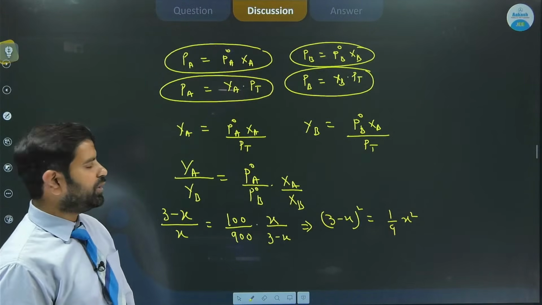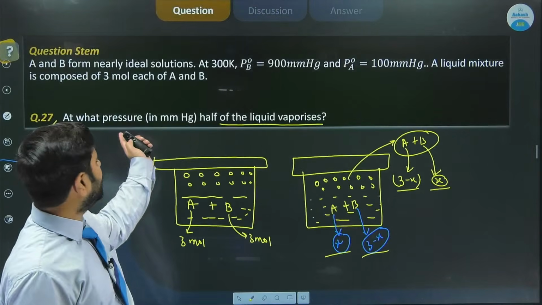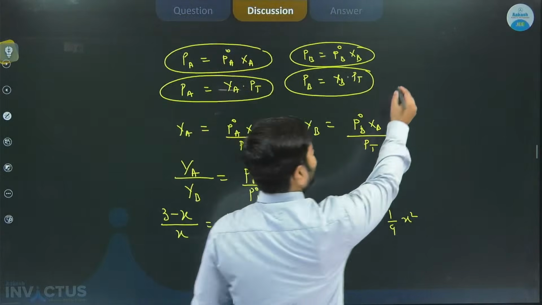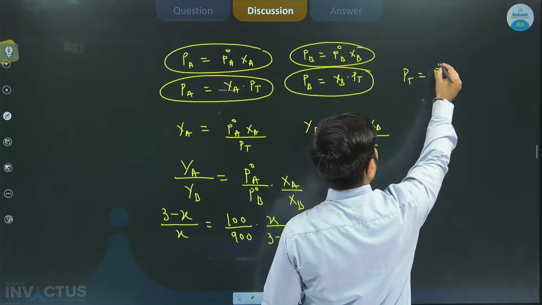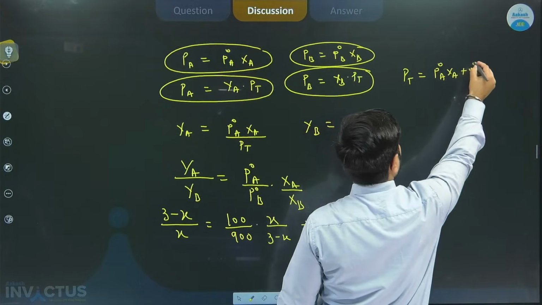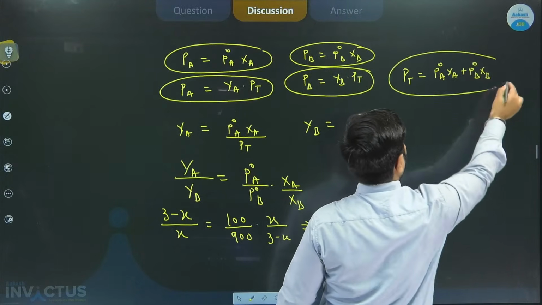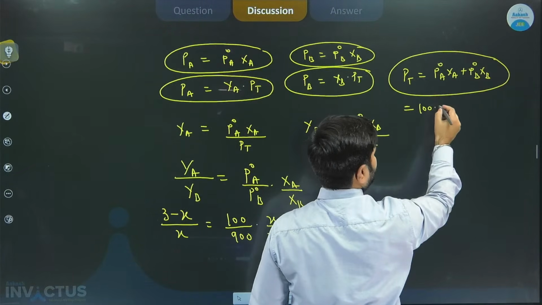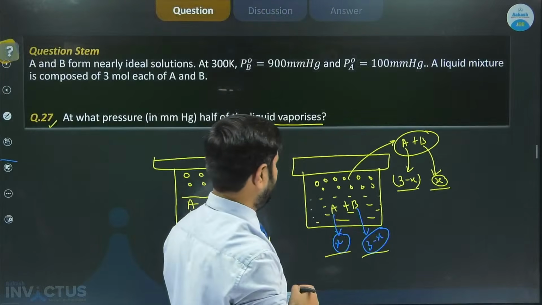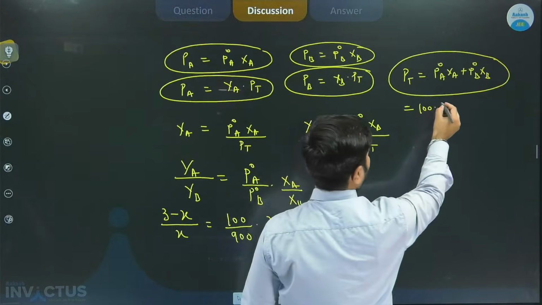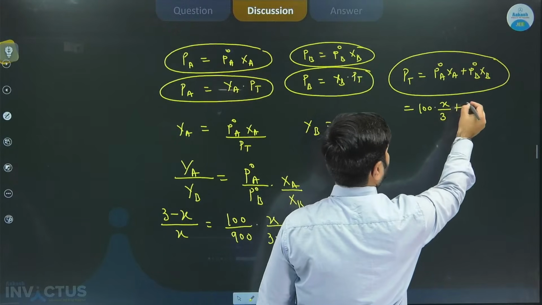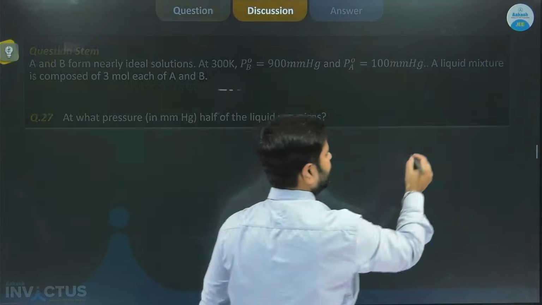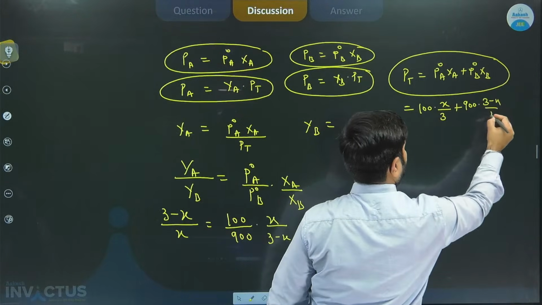And what is the question asking? At what pressure is half of the liquid vaporized? So we have to calculate PT equal to P naught A XA plus P naught B XB. P naught A is 100 dot XA, which is X divided by 3, plus P naught B is 900 dot XB, which is 3 minus X divided by 3.